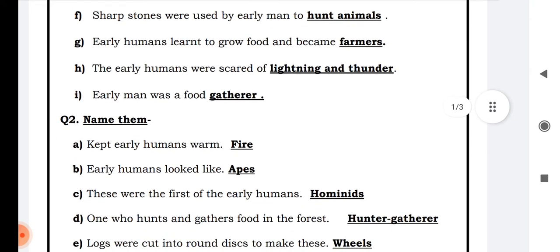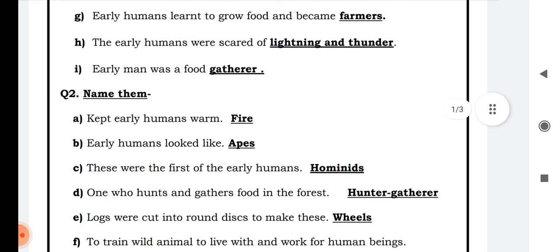F. Sharp stones were used by early man to dash. Definitely, in that age stone tools were made, or we call that age the stone age because the tools were made from stone. And for what purpose did they use them? They used them to hunt animals.